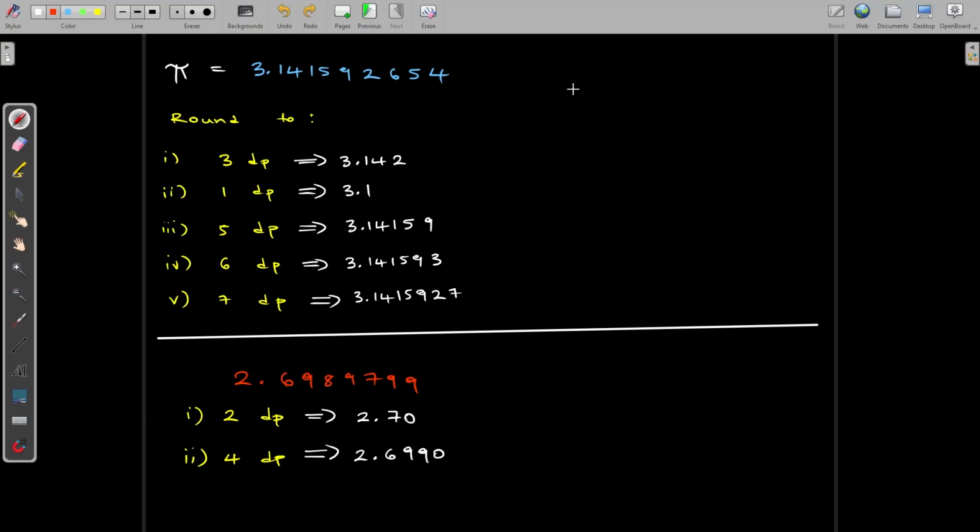Alright, so let's say our number is 19.99999, and your evil examiner wanted you to give them 3 decimal places from this. Let's see. 20.000.